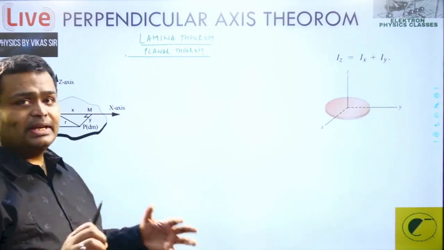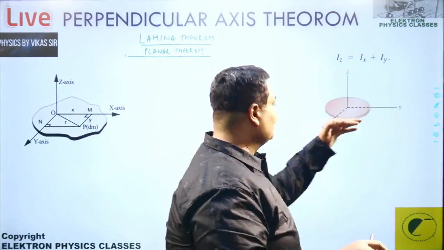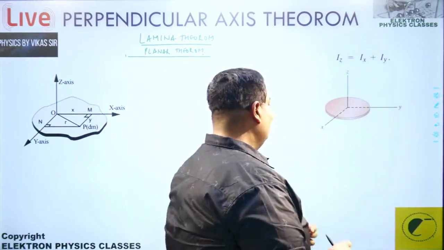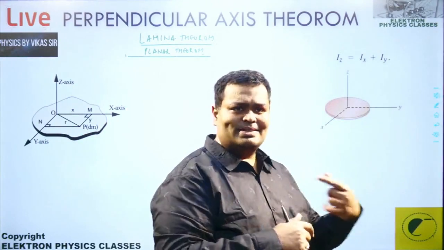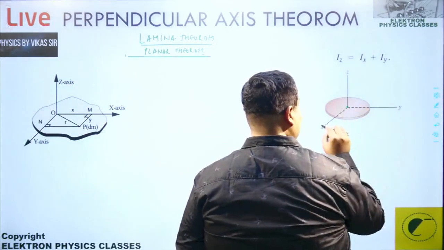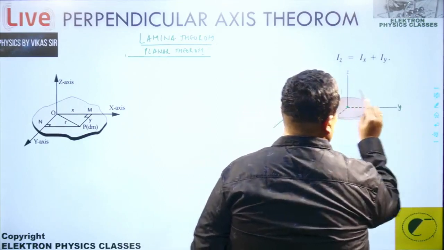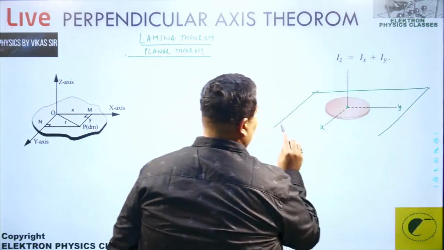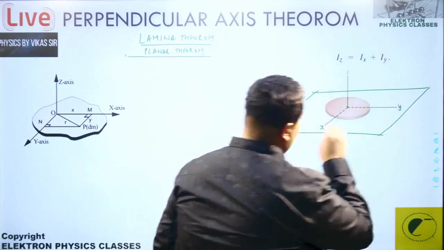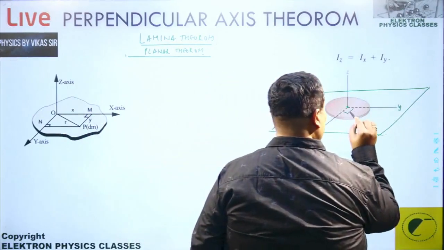And how do we state it? First of all, we have to select two axes which are in the same plane and intersecting each other at this point. This is a point, and these are the two axes. One is the x-axis, second is the y-axis, and they are in the same plane, the xy plane, correct? And they are mutually perpendicular to each other.